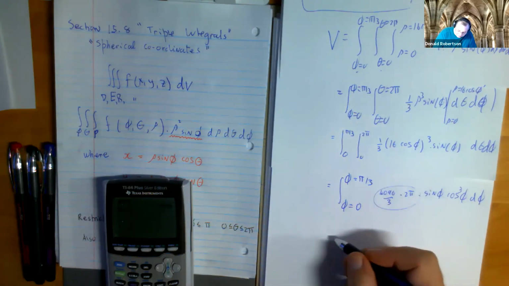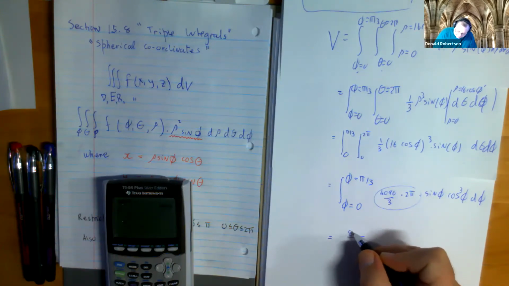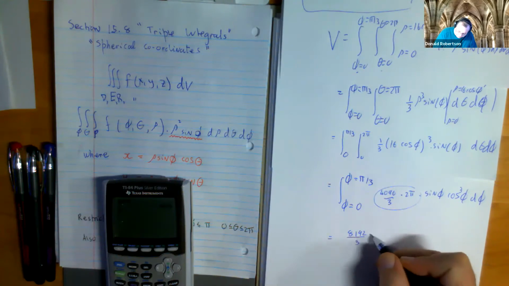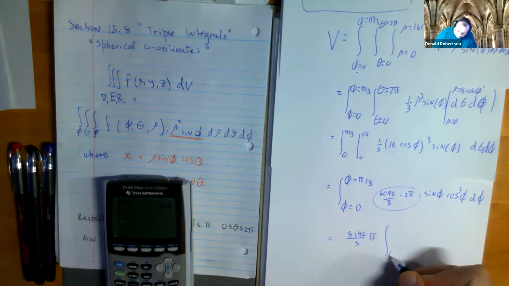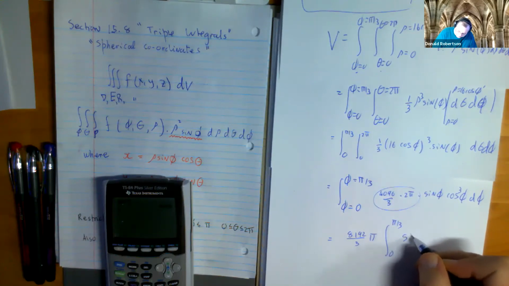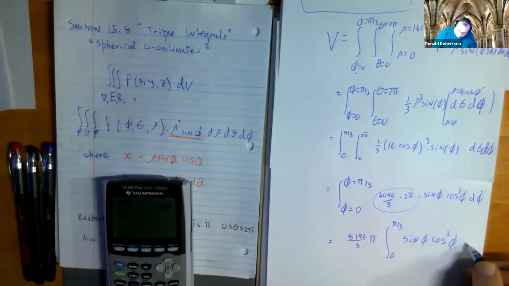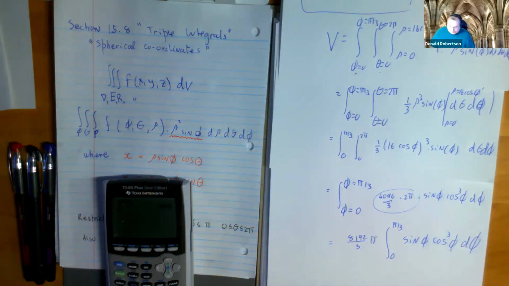That is just a mess. So I'm going to pull that out. 8,192 thirds pi. And now all we're left with is that guy.